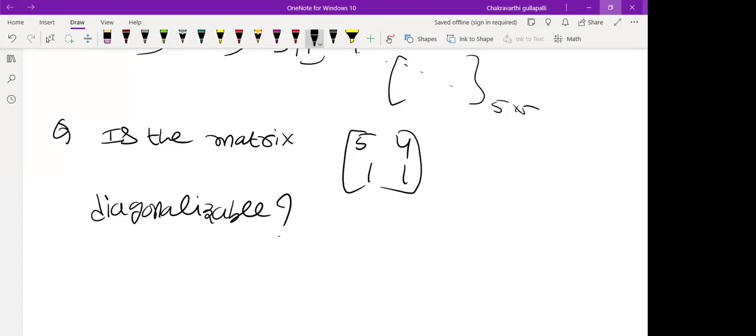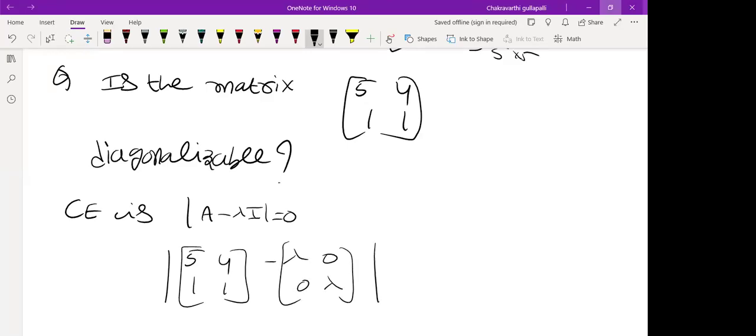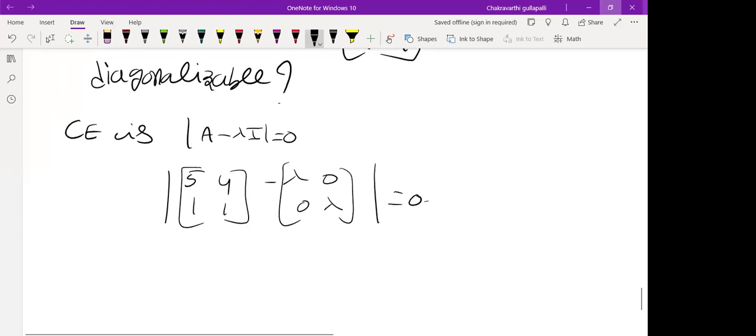First, we have to get the characteristic equation: determinant of A minus lambda I equal to 0. That is, subtract lambda from the diagonal: 5 minus lambda, 4, -4, 1 minus lambda, equal to 0.